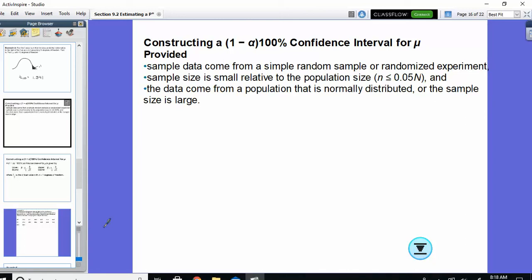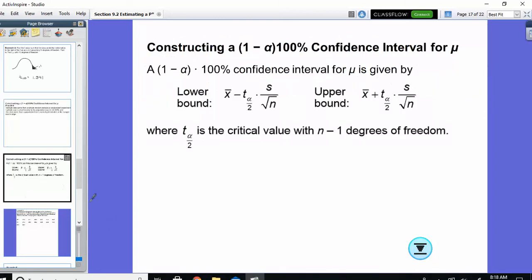When we were talking about x bar, how big did we say it had to be to assume it was normal? 30. So our actual formula for our confidence intervals, just like everything else, is on your formula sheet. If you look at chapter 9, the first bullet on our confidence interval is the p hat confidence interval that we've been doing. Second bullet is the x bar.